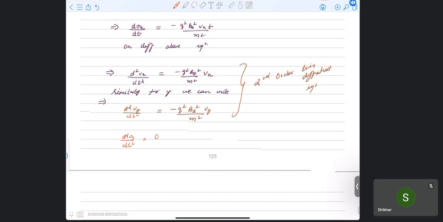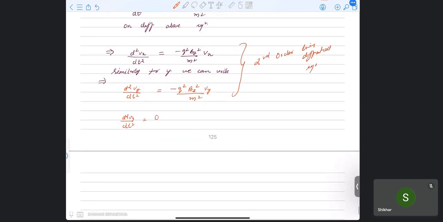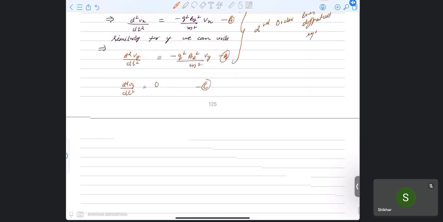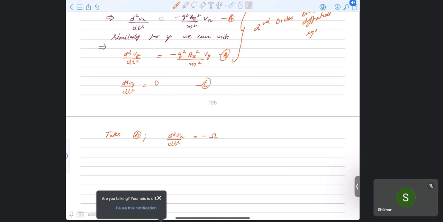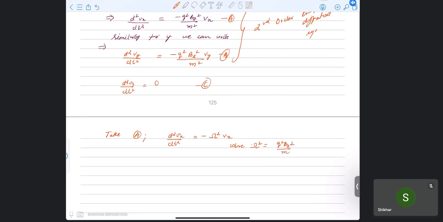So we can write this further. Just suppose this is equation A, this is B, this is C. So if you take A, you can write it as d2 vx by dt square is equal to minus omega square times vx, where omega square is q square Bz square by m square, or omega is, in general, q Bz by m.